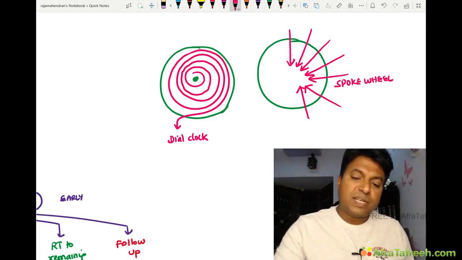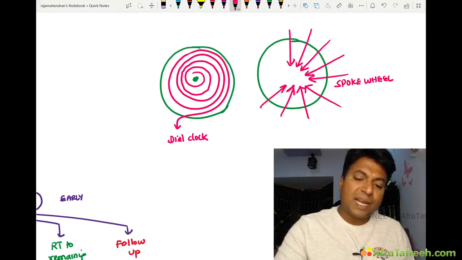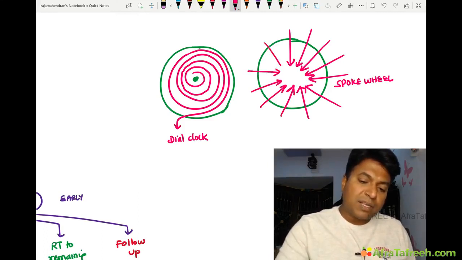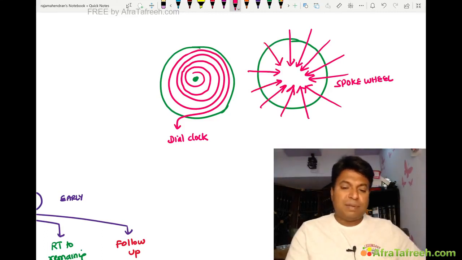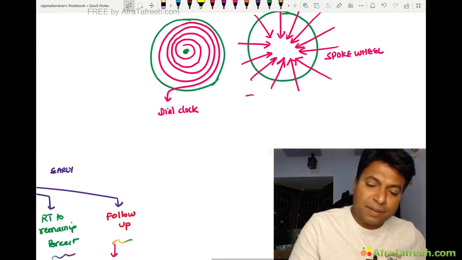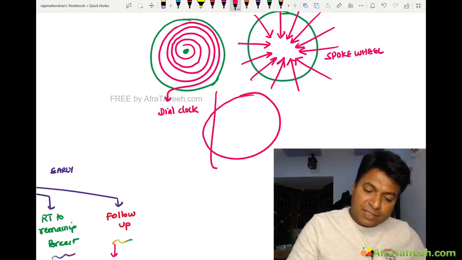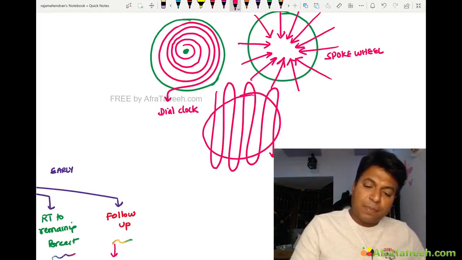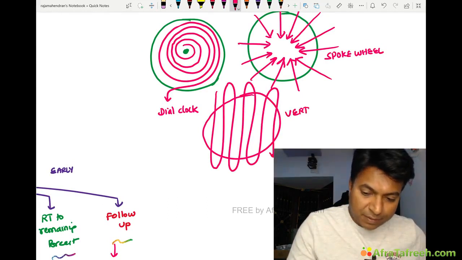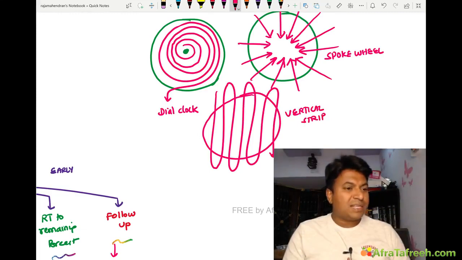This is an AIIMS question, based on an AIIMS paper. Usually national board examiners will not ask questions which are not in the book. This is the spoke wheel method, the dial clock method, and another method is like this, known as the vertical strip method.